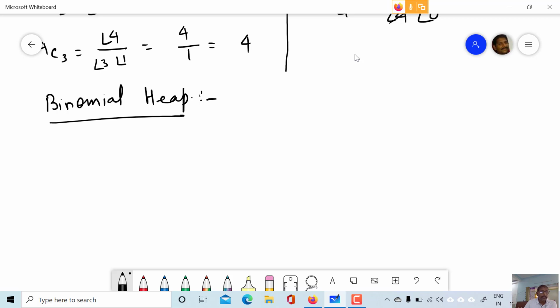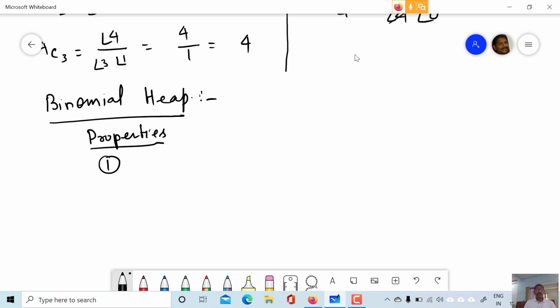What are the properties? Property number 1. The first property is that each binomial tree in a heap is heap ordered. What is the meaning of heap ordered? Heap ordered means the key of a node is greater than or equal to the key of its parent.